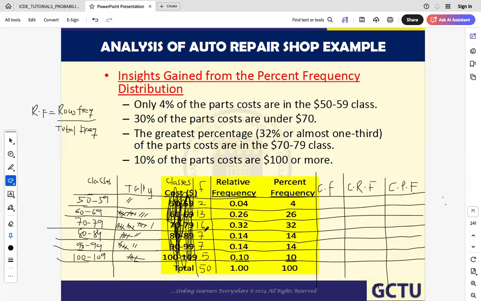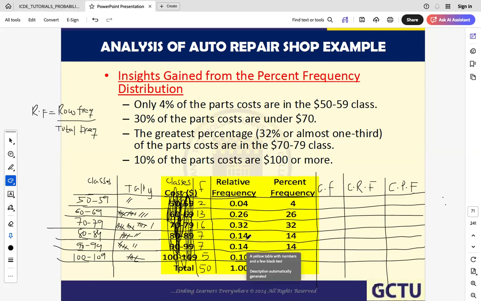The first one, 2 divided by 50 on your calculator, you have 0.04. 13 divided by 50, you have 0.26. 16 divided by 50, you have 0.32. You can be checking. 7 divided by 50, you have 0.14. 7 divided by 50, you have the same thing. 5 divided by 50, you have 0.10.